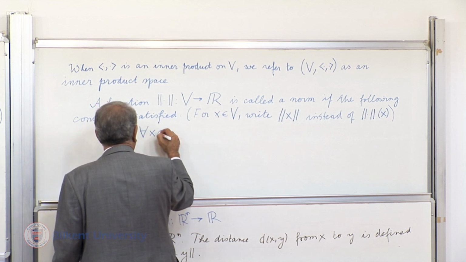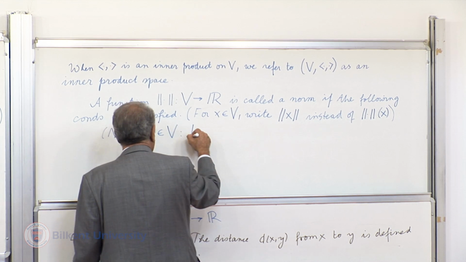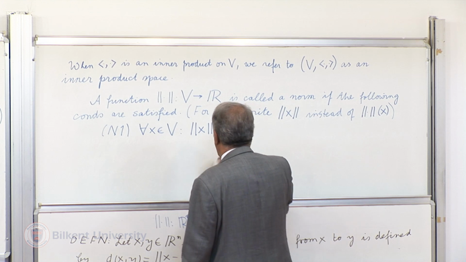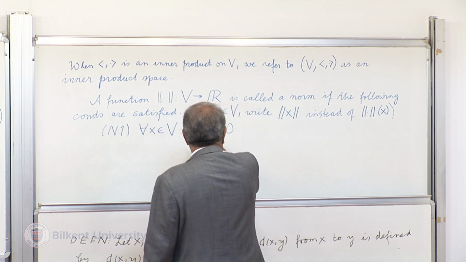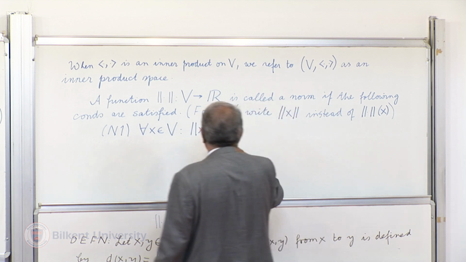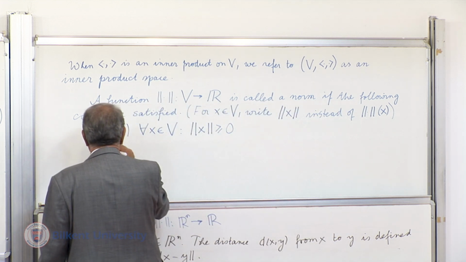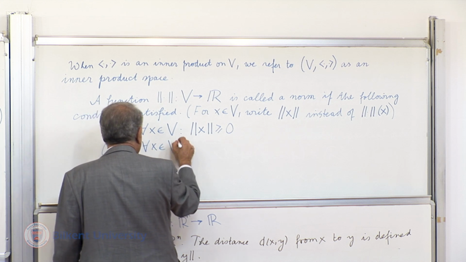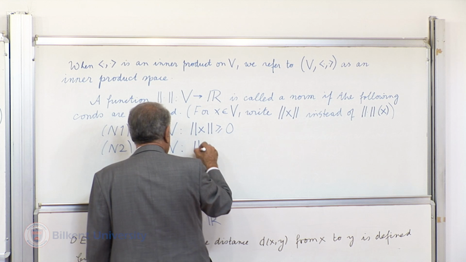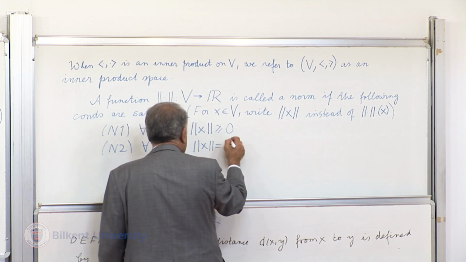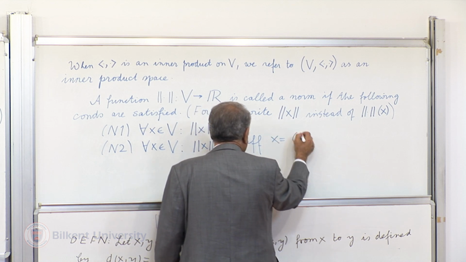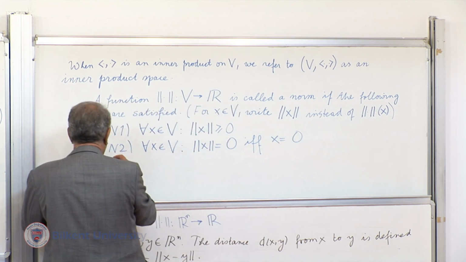N1: for all x in V, the norm of x, that is the image of x under this map, is supposed to be larger than or equal to 0. And N2: again, for all vectors x in V, the image of x under this map is 0 if and only if x is the 0 vector.